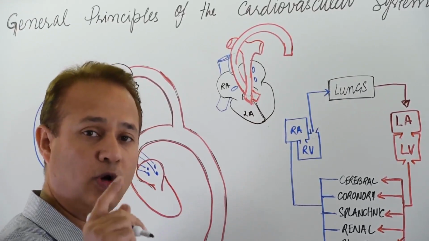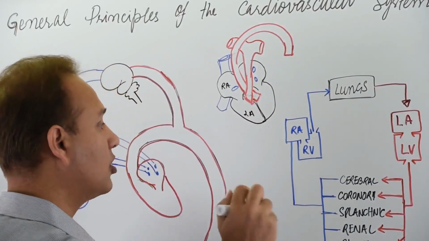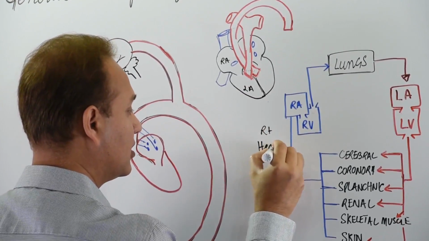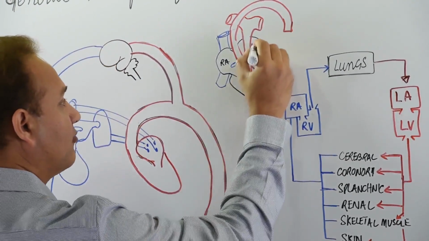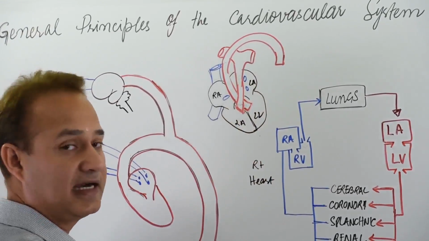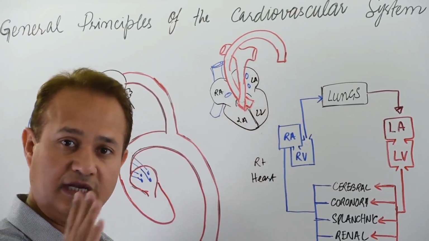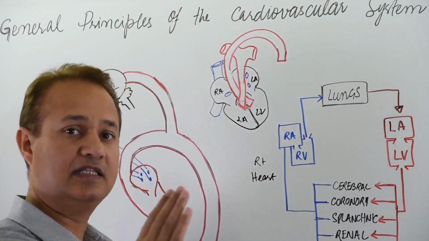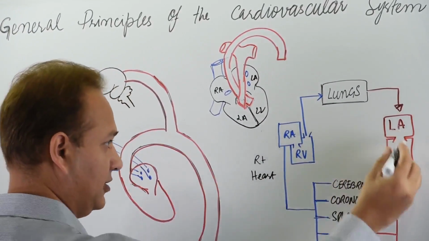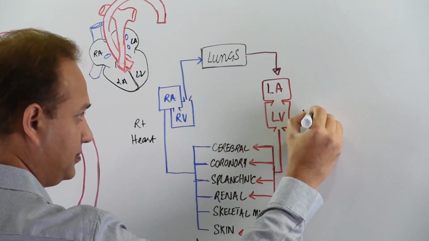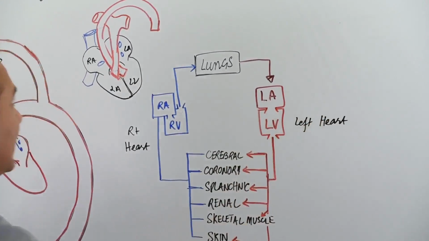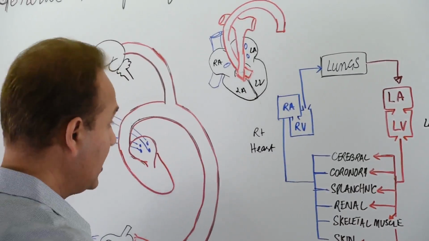These are 2 chambers, but one functional unit, also called the right heart. Then, of course, left atrium and left ventricle. That makes 2 chambers, but that also makes one functional unit, the left heart. So I'll make that here. Left heart, consisting of left atrium and left ventricle.